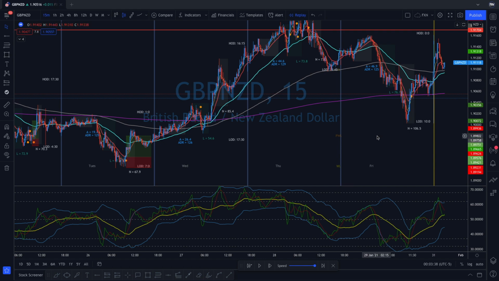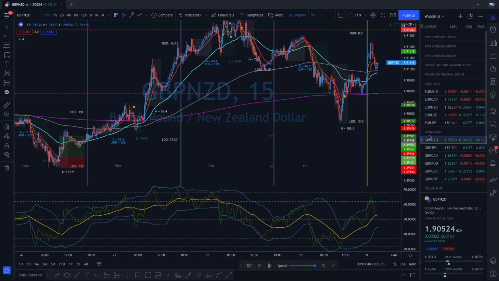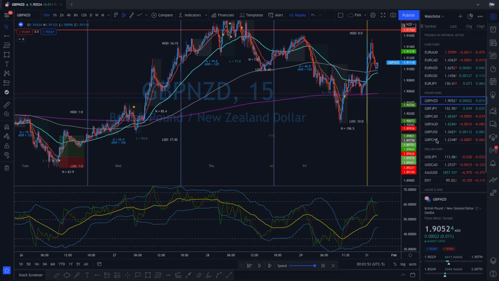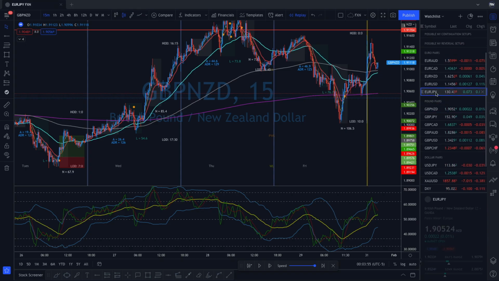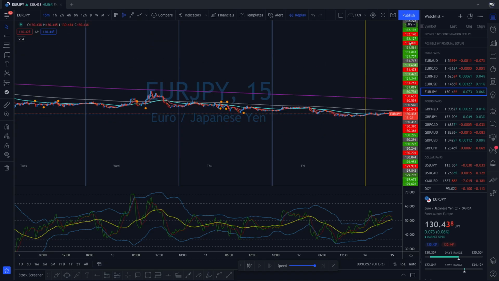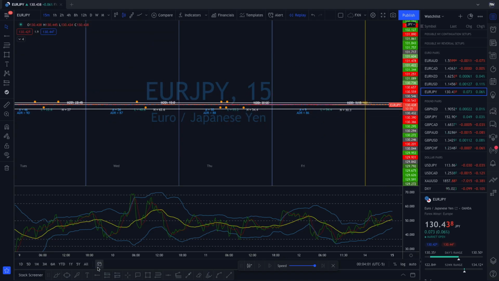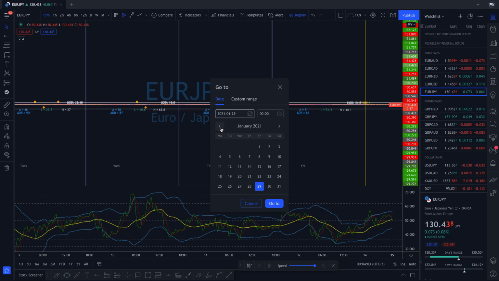Okay, so let's do a completely different pair and see what we end up getting here. Maybe some much better results. Let's do Euro JPY, and let's do something more local, closer.